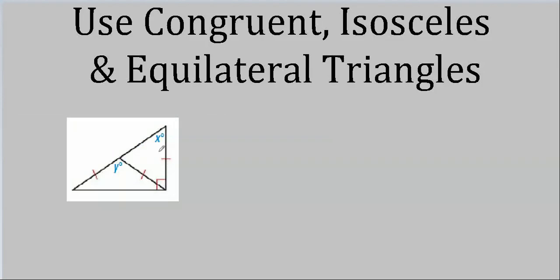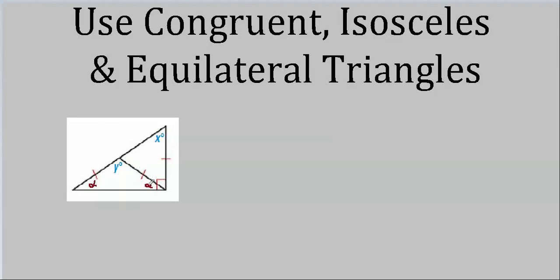Well, let's see here. Let's call this angle down here alpha. If this is alpha, then this angle over here would also be alpha. Why? Well, these two sides are congruent, so the opposite angles are congruent.